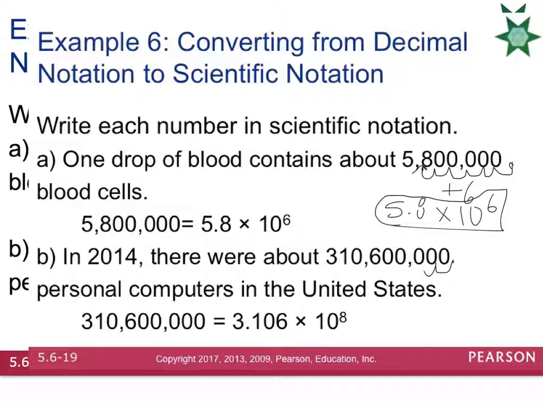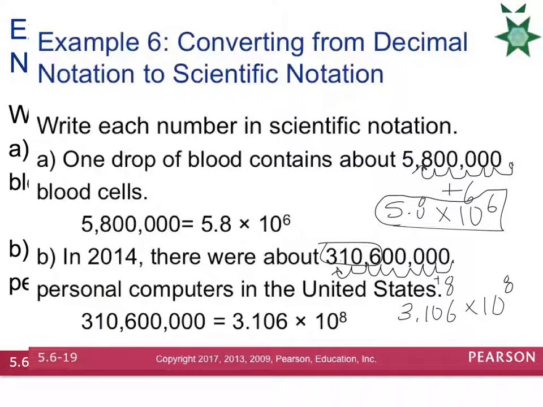So we get 1, 2, 3, 4, 5, 6, 7, 8. We wanted to stop just before the last number. Okay. So we moved 8 places, and that's going to be a plus 8 because it was a big number. So this would be 3. Now we have to use the whole number here that we have. If there's a 0 in between, we've got to use all of this, right? We don't need the zeros after that. So we'd have 3.106, because our decimal ended up right there, right after the 3, times 10 to the plus 8. Okay.